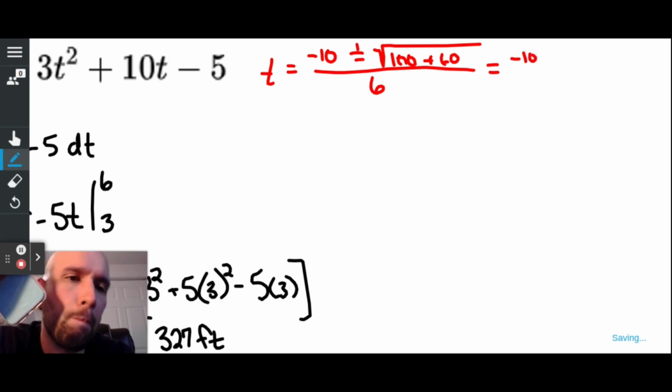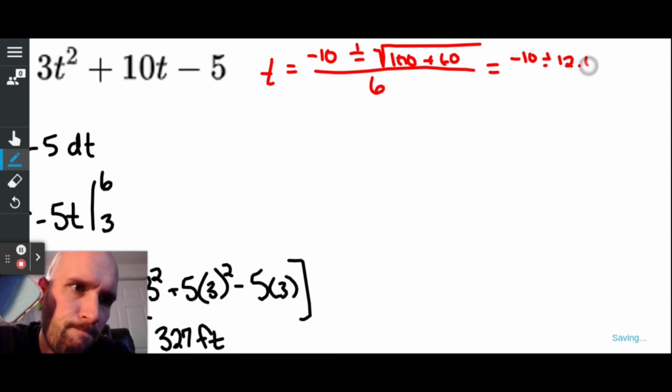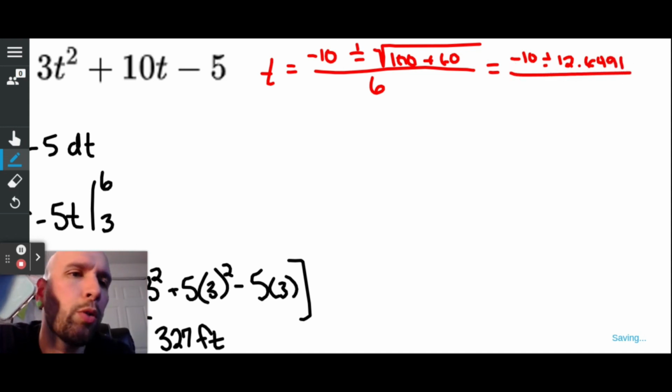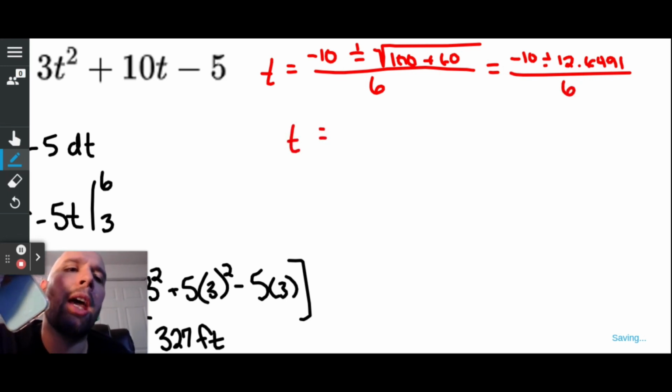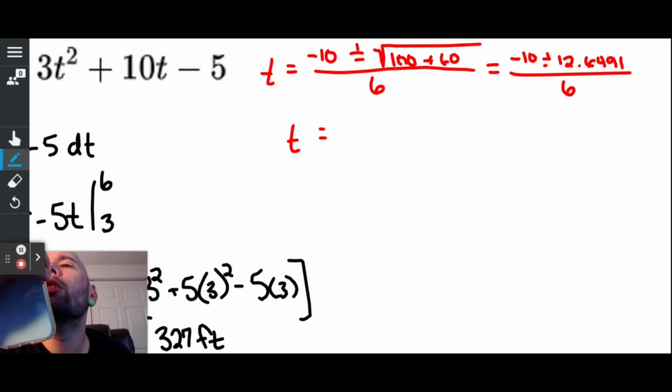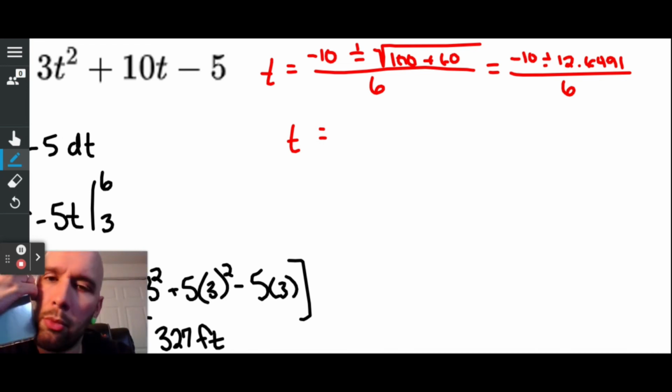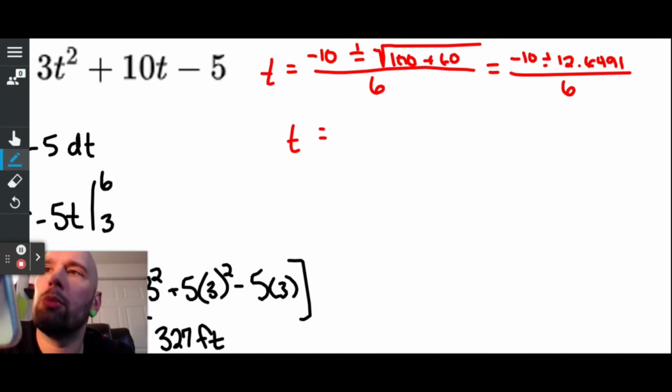The square root of 160 is approximately 12.6491. All over 6. So my options are this. Negative 10 plus 12.6491. The answer is 2.6491. 2.6491 divided by 6. The answer is about 0.4415.